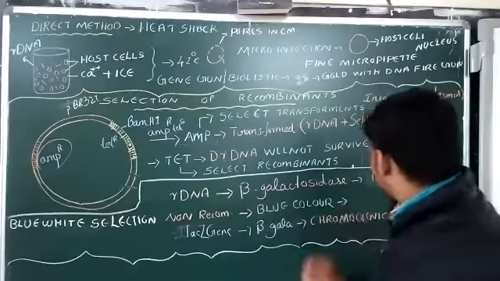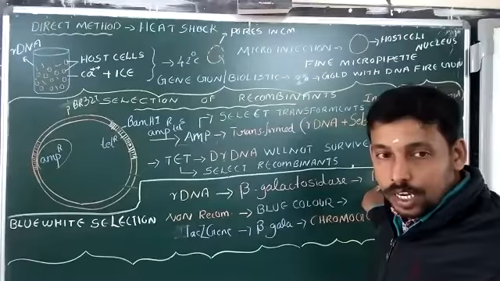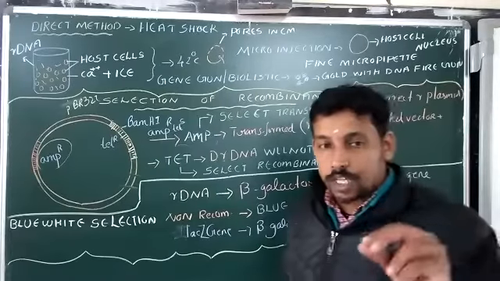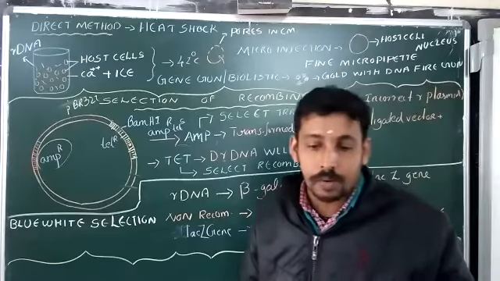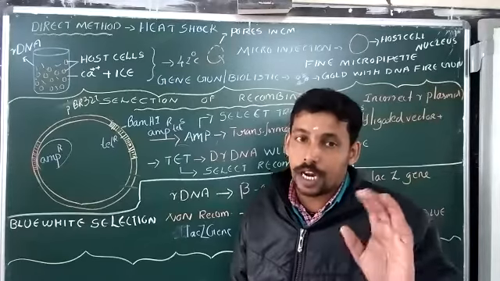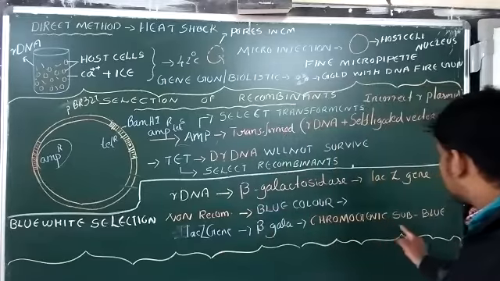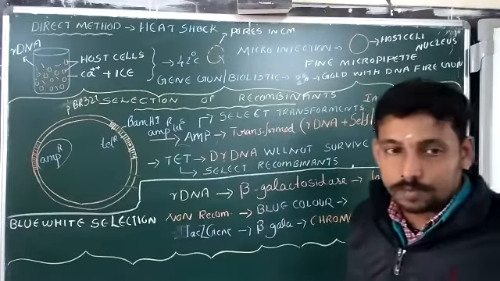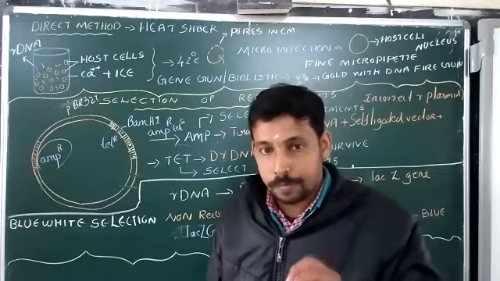The property of this lac gene is that it is responsible for the production of what? Beta galactosidase. Okay, this beta galactosidase will convert the chromogenic substance into blue color. The chromogenic substance will be provided in the medium.